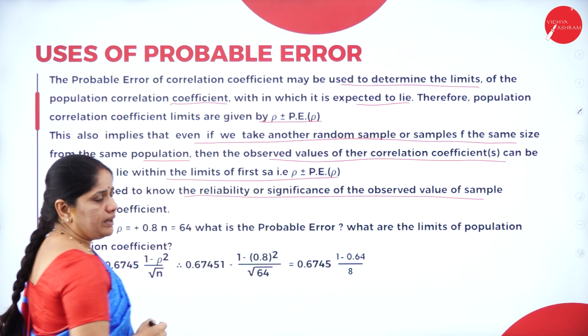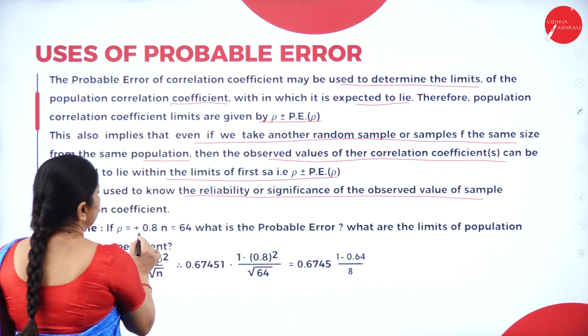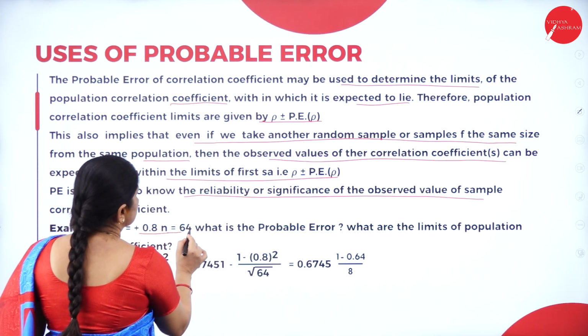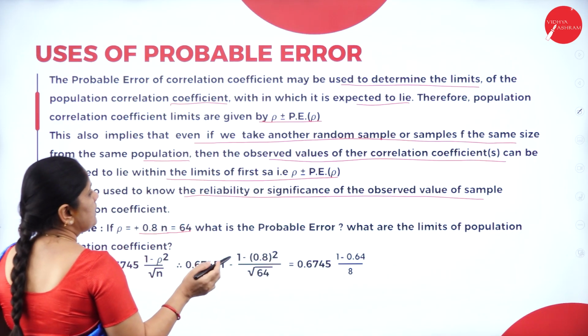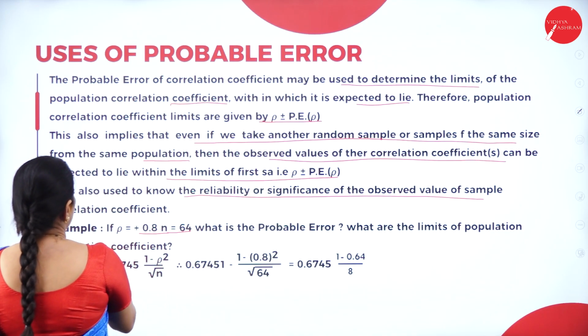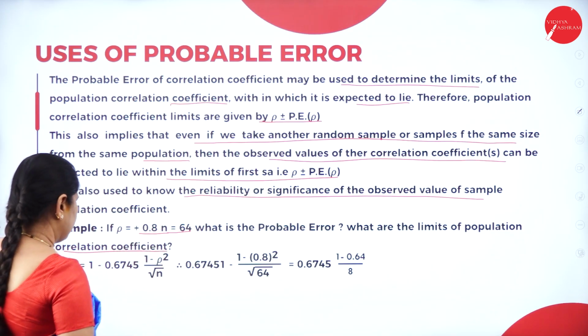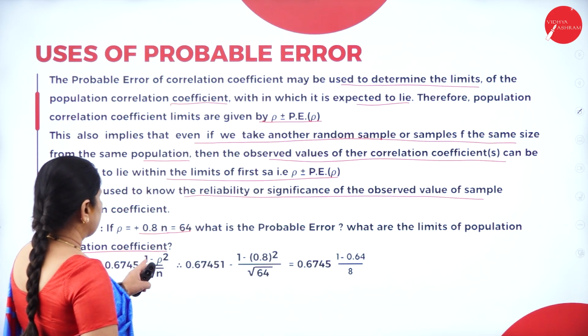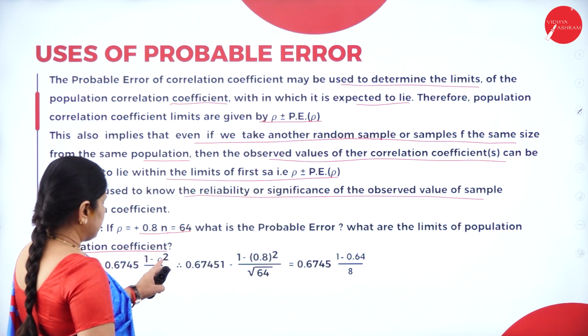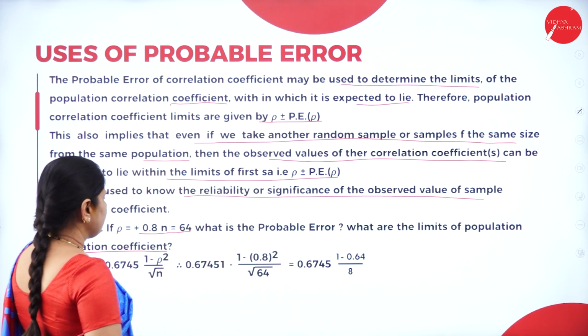Example: rho equals 0.8 and n equals 64. What is the probable error? What are the limits of the population correlation? So, I have the formula here: 0.6745 into 1 minus rho square divided by root of n.